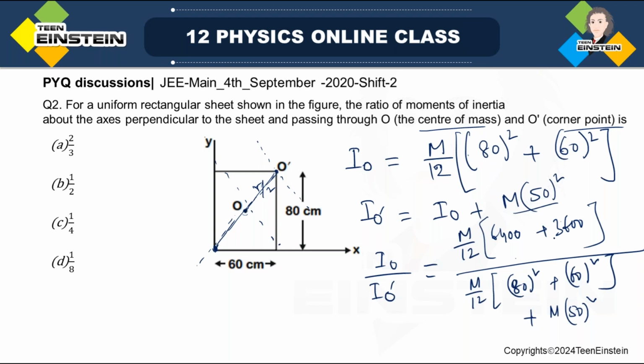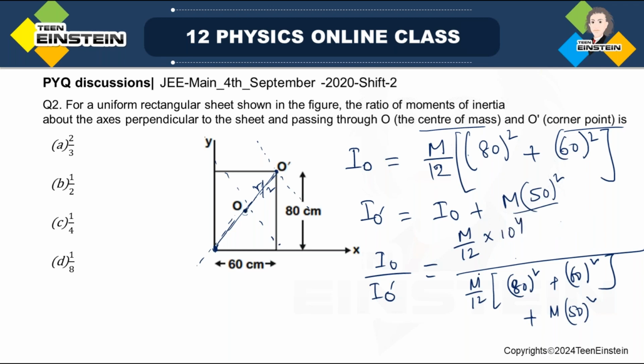Okay, so this will give you actually 10,000. That means 10 to the power 4. So let me write it here itself, 10 to the power 4.